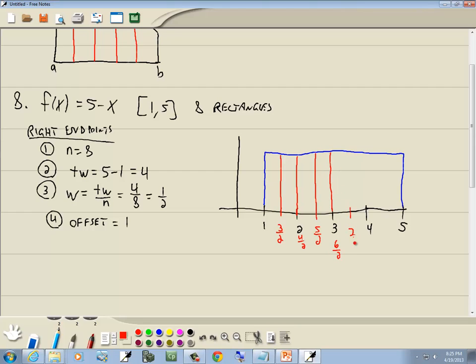Next one will be 7 halves, then 8 halves, and then 9 halves. So it increases by half each time. Now this is what happens when you split up this interval into 8 different rectangles. We got 1, 2, 3, 4, 5, 6, 7, 8. And this is based upon our right endpoints.